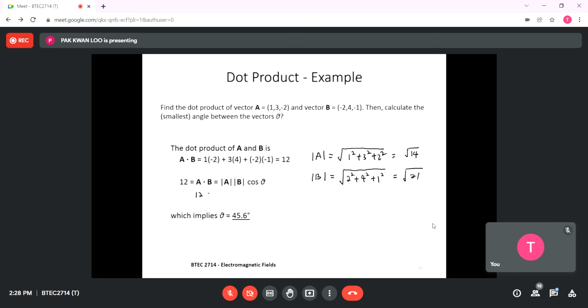So 12 is equal to square root of 14, square root of 21, cos theta. You can use your calculator to confirm this. It should give you 45.